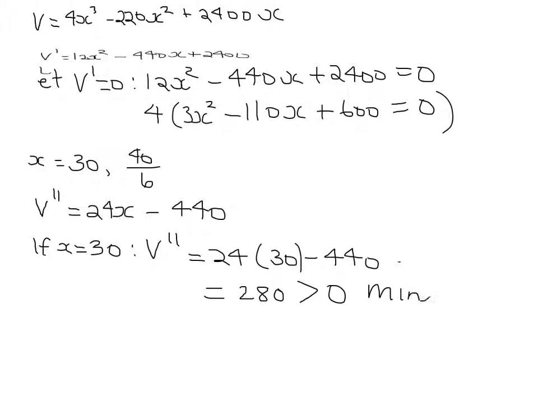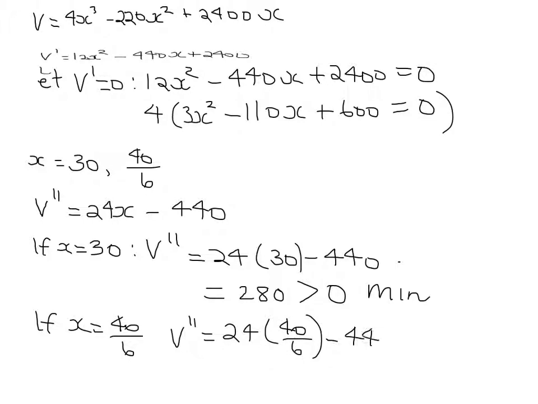That's not the one we want. If x equals 40 on 6, we get that the second derivative is 24 times 40 on 6 minus 440, and that gives us minus 280, which is the one we want. So less than 0, so it's a max. So our stationary point is 40 on 6.